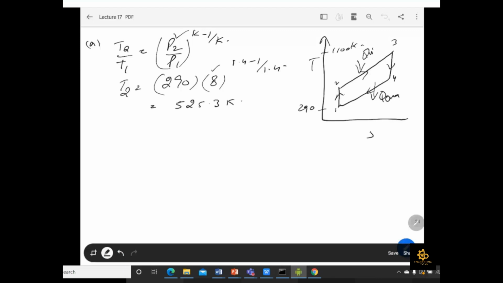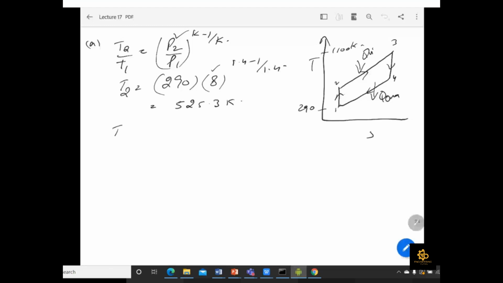Then we also need the value of temperature at point number 4, because T3 is known to us, so we have to find the value of T4 as well.